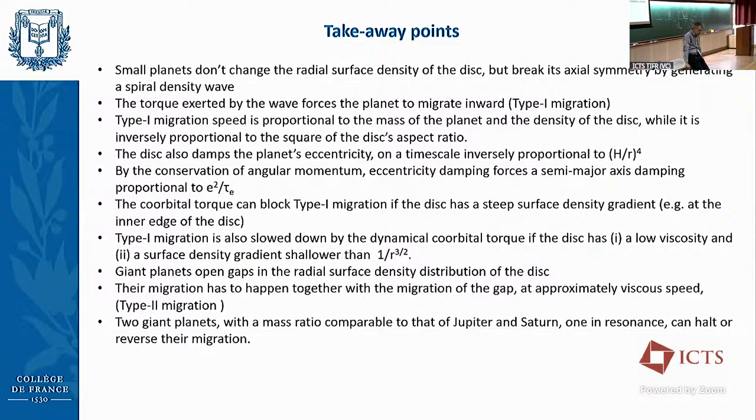So the gradient of temperature in the disk was included there. The fact that there are grains, a change of composition, does not impact migration. Now, what can change with the disk is the opacity and the cooling rates.